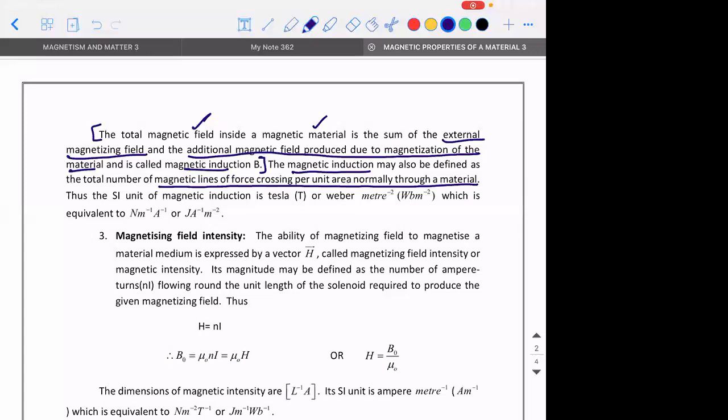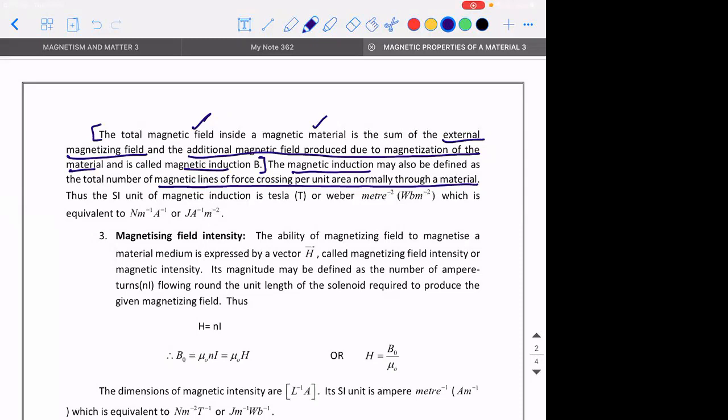Please write it down. Alternate definition for magnetic induction: it can also be defined as the total number of magnetic lines of force crossing per unit area normally through the surface.